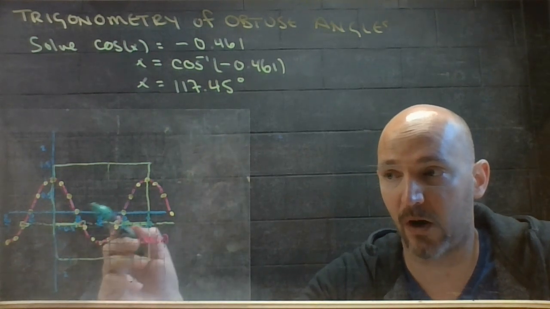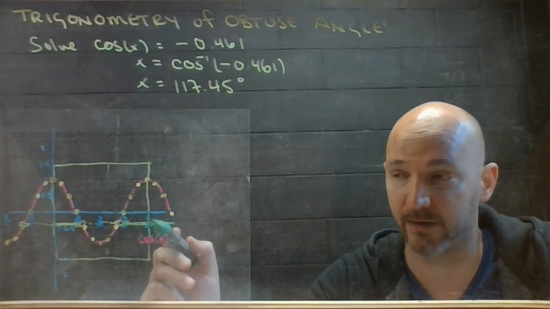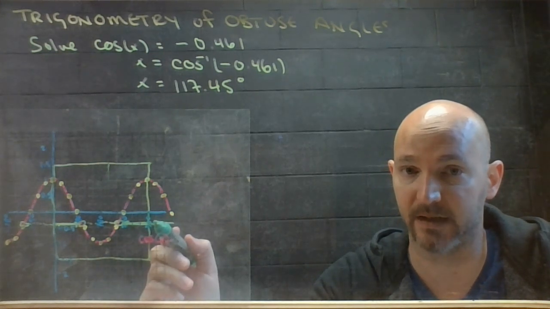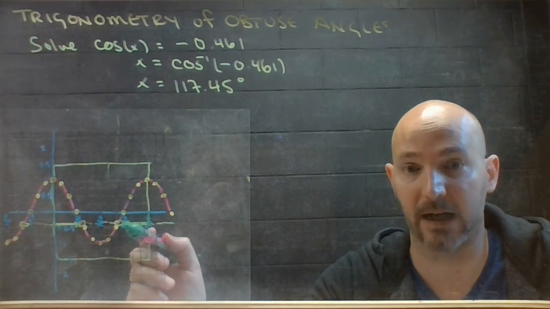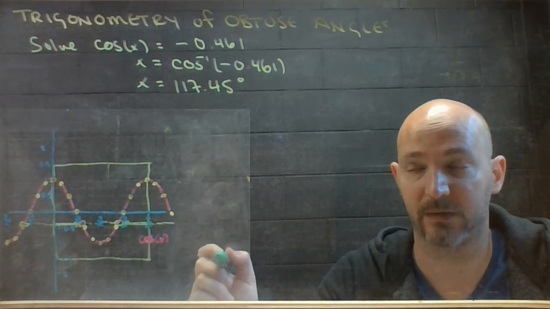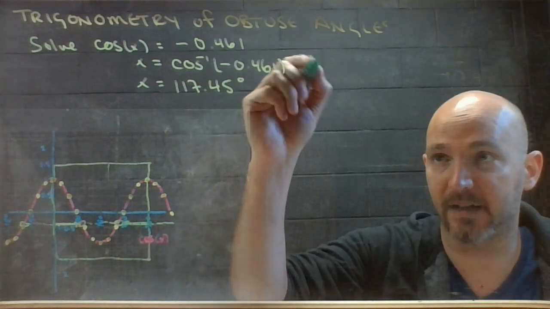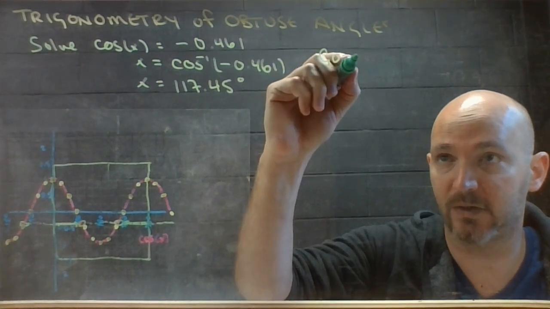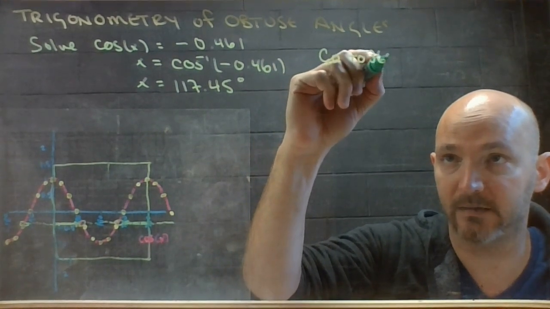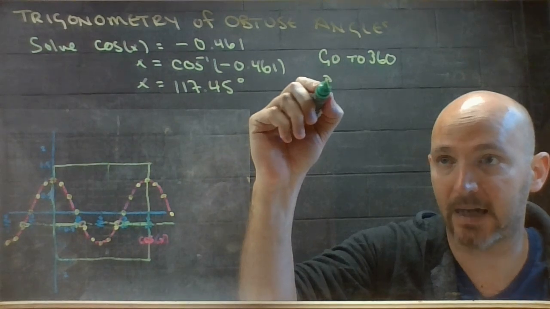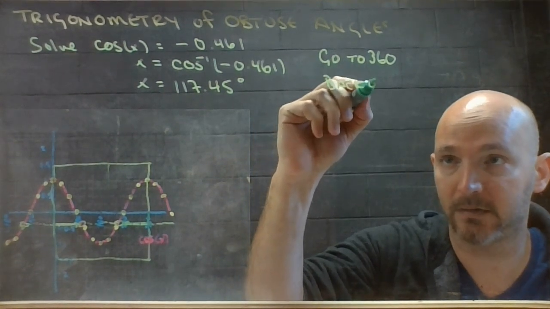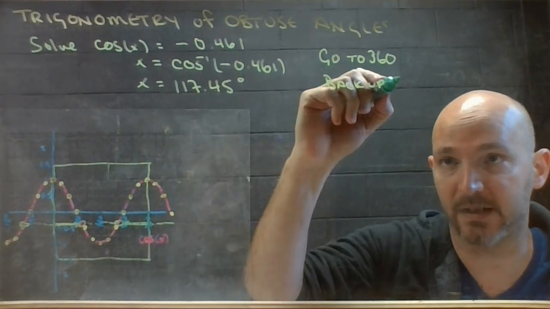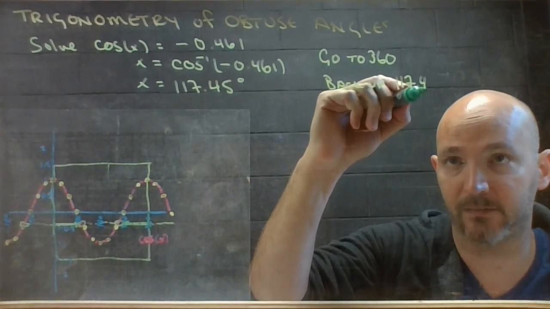So how do I get to this place using that distance? Well, I had to go all the way out to the end of the pattern, all the way to 360. And then I had to back up this much. So for my second solution, I had to go to 360 and then back up 117.45 degrees.